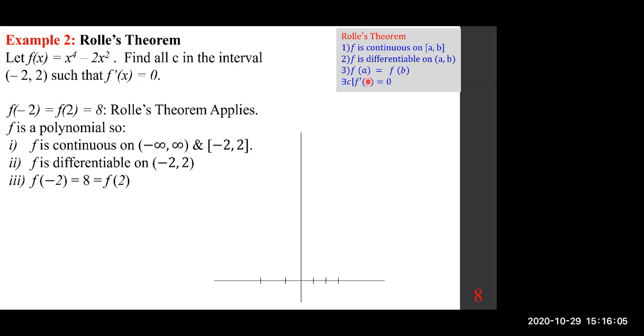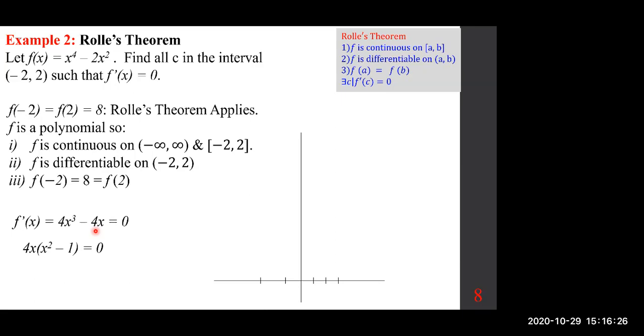Let's differentiate. If we differentiate, we get 4x cubed minus 4x equals 0. This is an easy equation. Factoring will do the job: 4x times x squared minus 1.